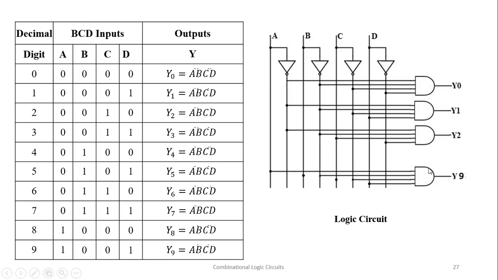Similarly Y3, Y4, Y5, Y6 will be there. And for 9 we have 1, so A, and B bar, B is 0, and C is 0, and D is 1. So it's taken from here. So this is the implementation of the BCD to decimal decoder. This is the logic circuit.